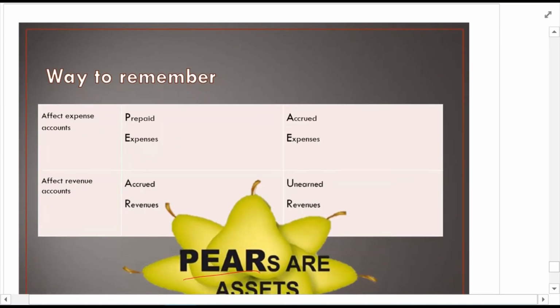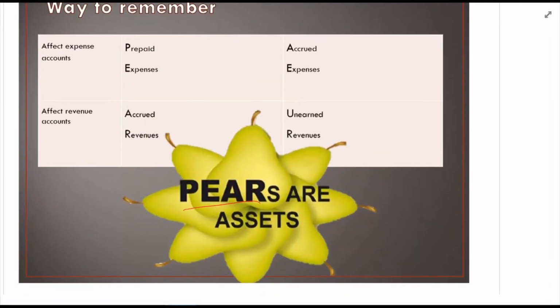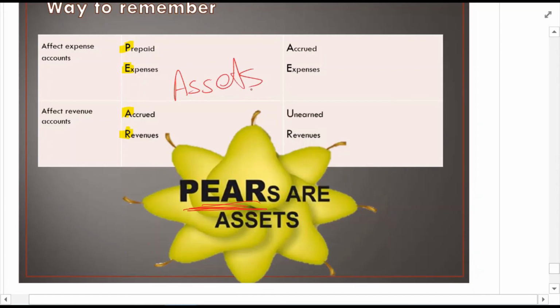One common way to remember is that pairs are our assets, and the other ones are our liabilities. So we've got prepaid expenses and accrued revenues, and they're our assets, and these are our liabilities.